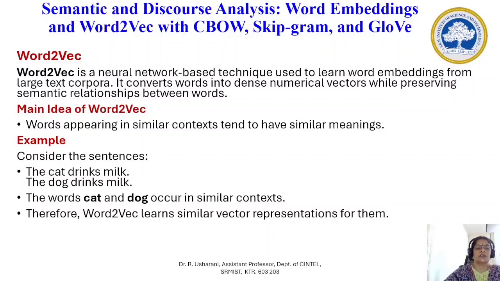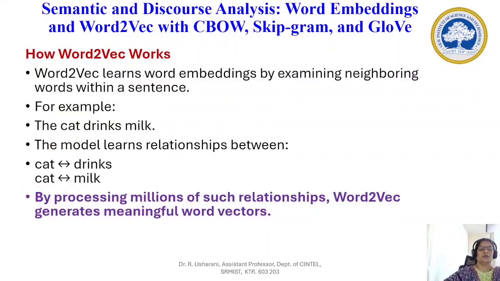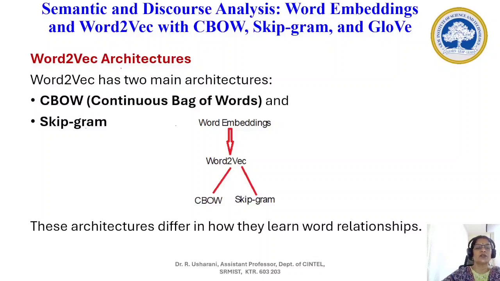We have already seen this example: the cat drinks milk, the dog drinks milk. The words cat and dog occur in similar contexts. By processing millions of such relationships, word to vec generates meaningful word vectors. How is it possible? By these two architectures, CBOW and skipgram.